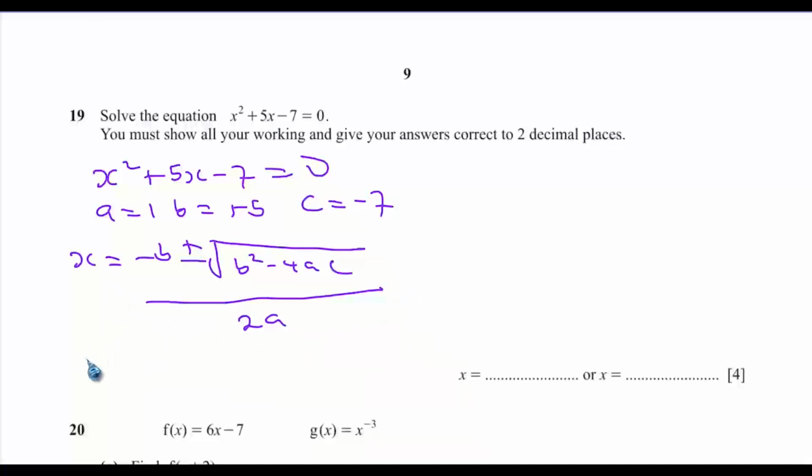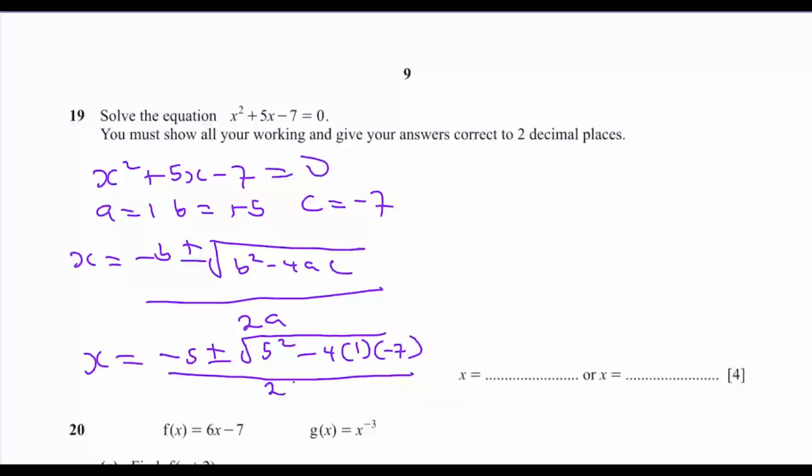So here we have x equals minus 5 plus or minus square root of 5 squared subtract 4 into 1 into negative 7, then everything over 2 into 1. Then we have x equals minus 5 plus or minus square root of 5 squared is 25.